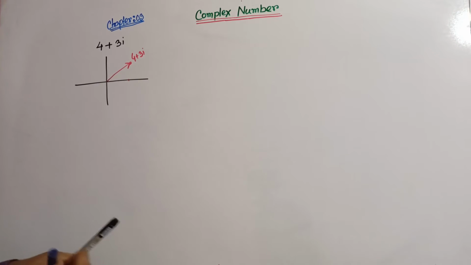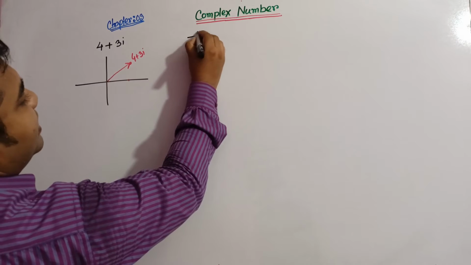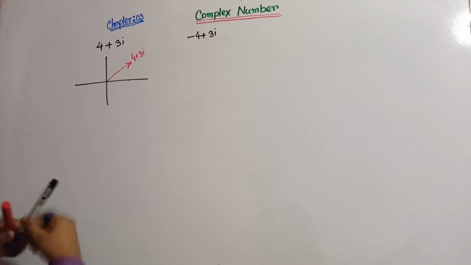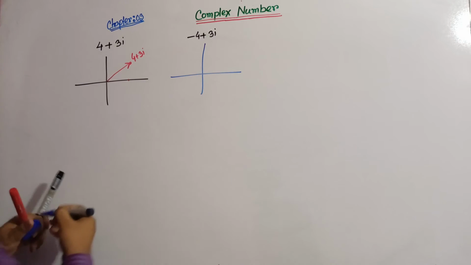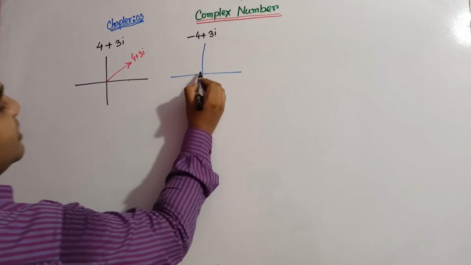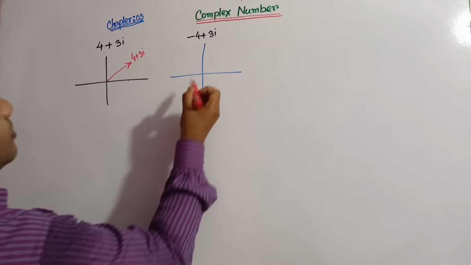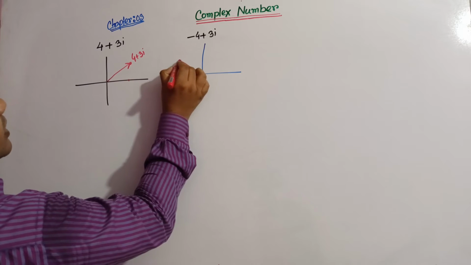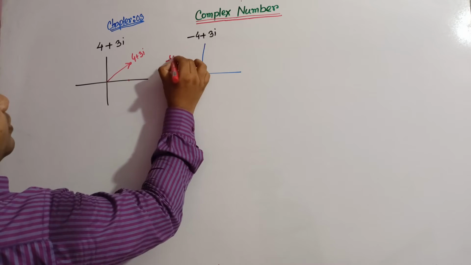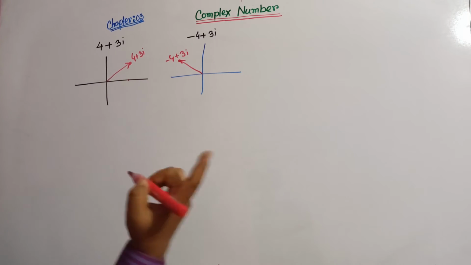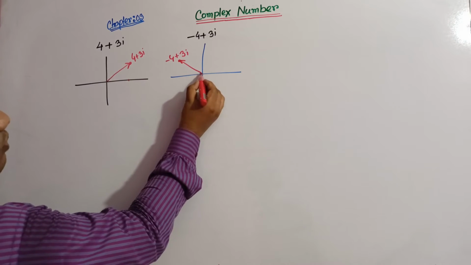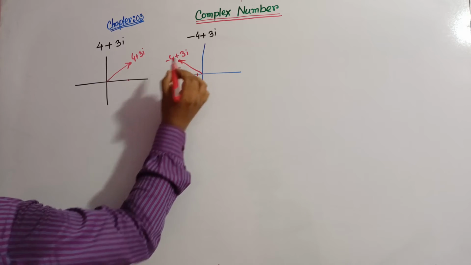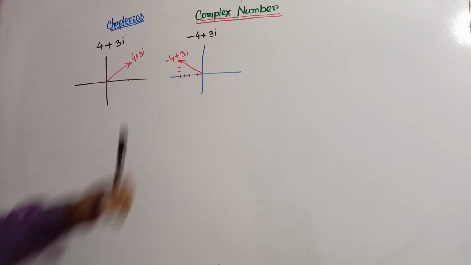Now if we ask what's the figure of minus 4 plus 3i, that figure can look like minus 4, plus 3, because we know that minus 4 is this way, 1 2 3 4, and here 1 2 3, so we get minus 4, 3.